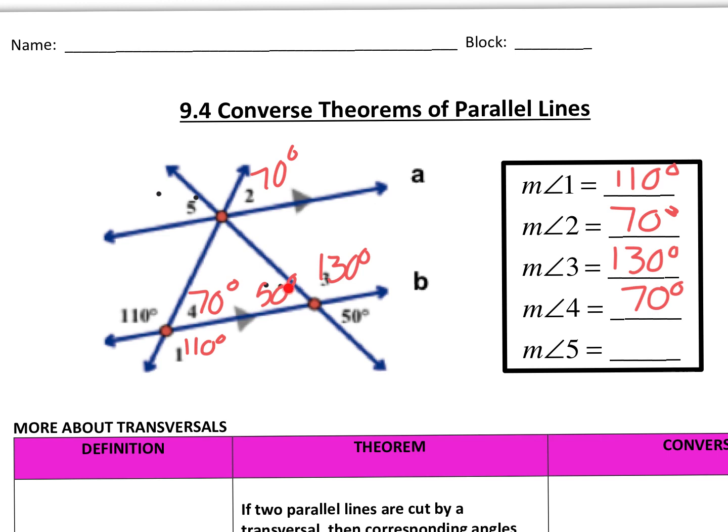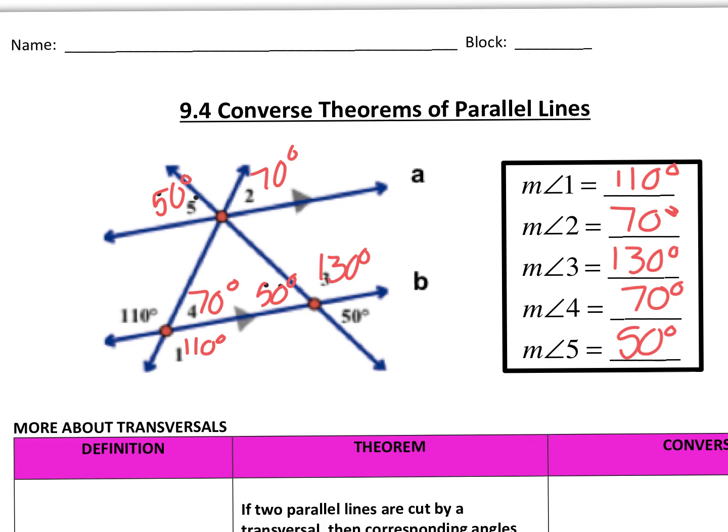Then, if that's 50 degrees, aren't angle 5 and this 50-degree angle corresponding? They're in the same position. So those are 50, and angle 5 is 50. So you'll soon discover there's not just one way to do these. You can see them in more than one way, and we don't have to do it in all the different ways. We just have to find the solution, find the angle, and we're there.